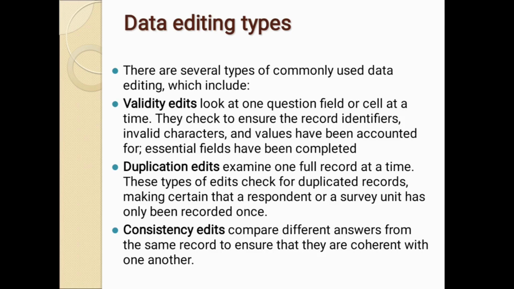Duplication edits examine one full record at a time. These types of edits check for duplicated records, making certain that a respondent or a survey unit has only been recorded once.